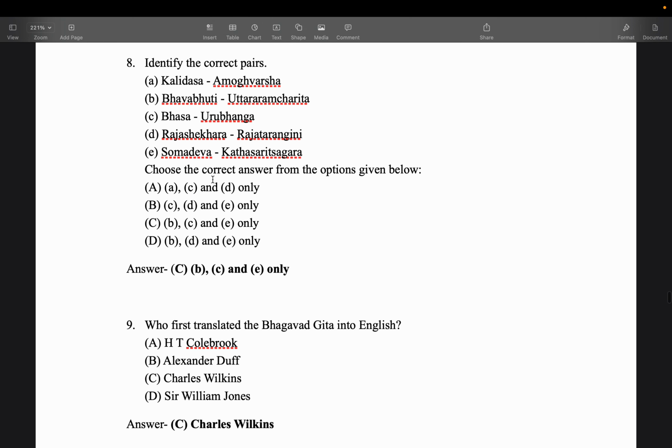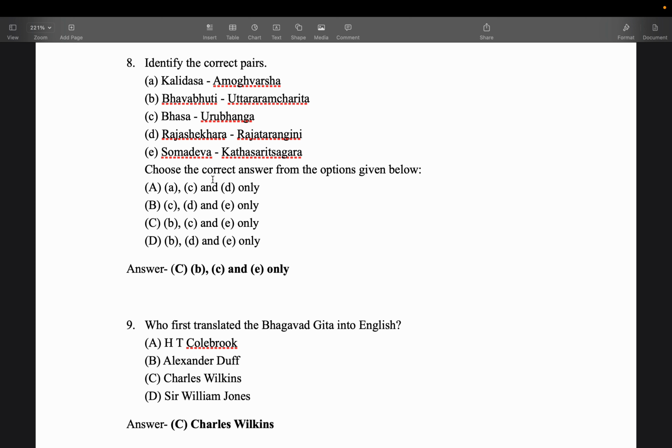Now, Kalidasa, Bhavabhuti, Bhasa, Rajashekhara, Somadeva. At least some of these you should know. Identify the correct pairs. Kalidasa, Amoghavarsha is obviously wrong. At least Kalidasa we know. Bhavabhuti wrote Uttara Ramacharita. It is correct. Bhasa, Urubhanga. Rajashekhara, who wrote Rajatarangini?